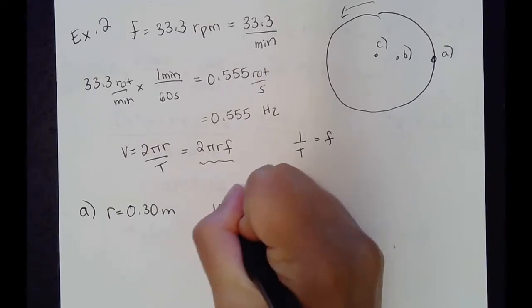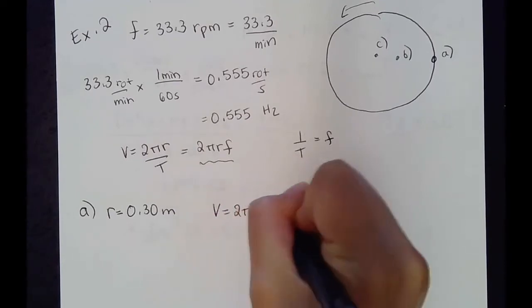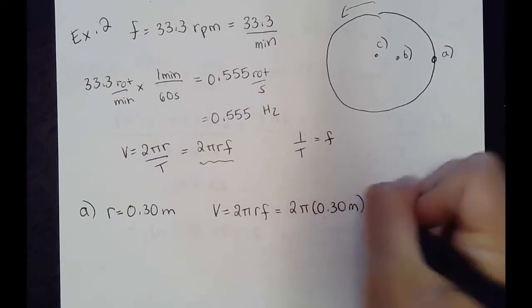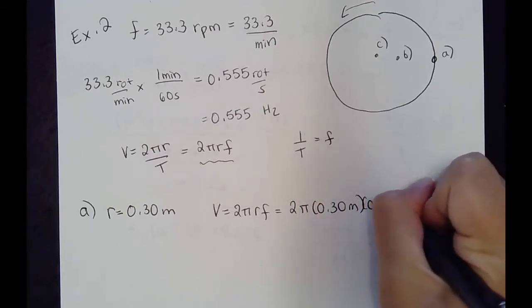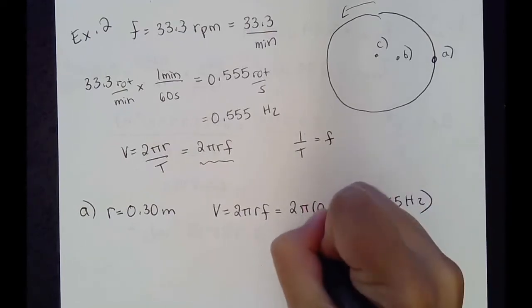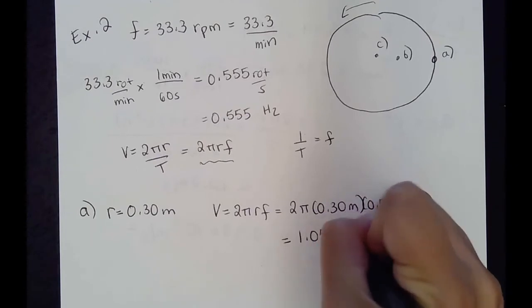First, the speed, v equals 2 pi r f, is 2 pi times 0.3 meters times 0.555 hertz, which is 1.05 meters per second.